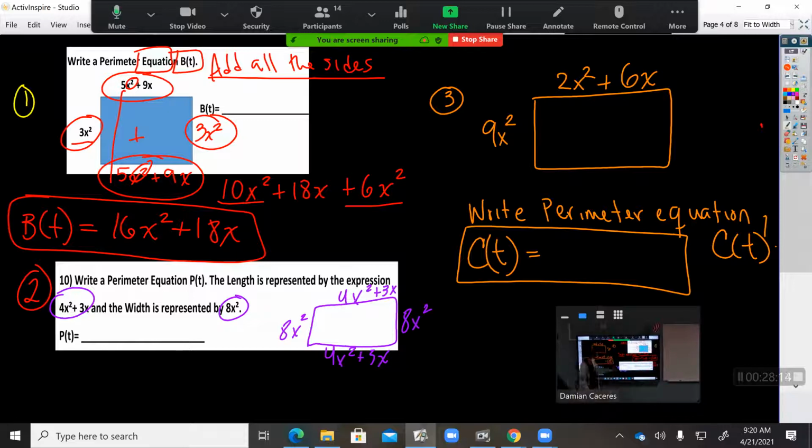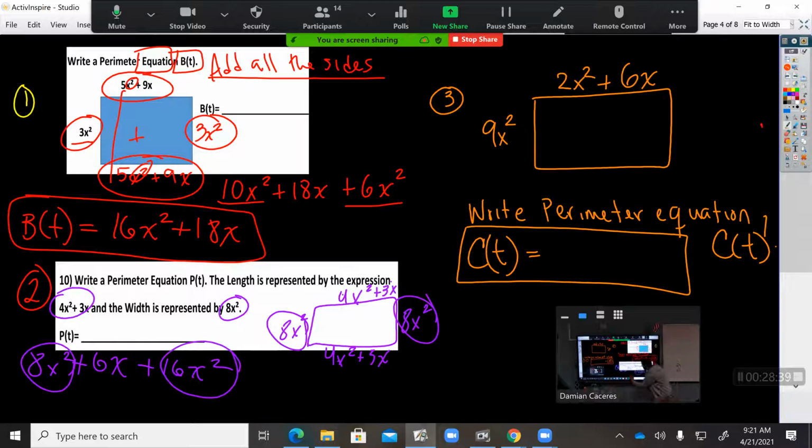Now let's add the lengths together. 4x squared and 4x squared is 8x squared. And 3x plus 3x is positive 6x. Now let's add up the widths. 8x squared plus 8x squared is positive 16x squared. Now we combine the two like terms. 8x squared and 16x squared gives you 24x squared.